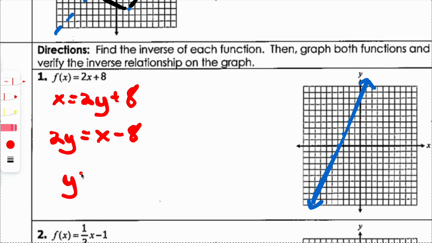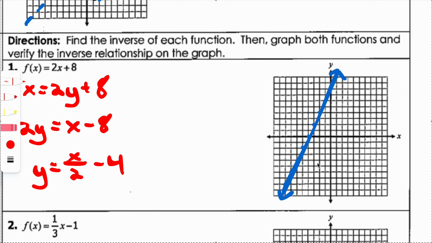And then y equals x over 2 minus 4. So we have, in this case, a y-intercept of -4 there. And this is essentially saying 1/2 times x. So we have a slope of 1/2.